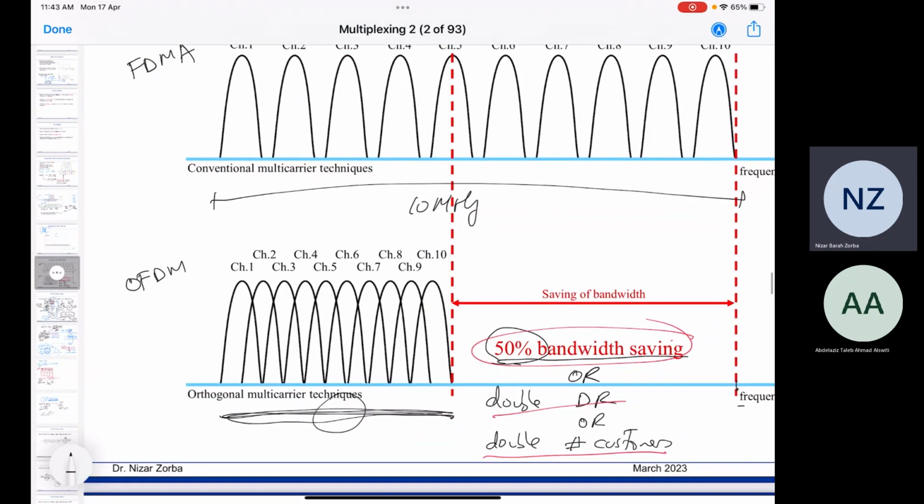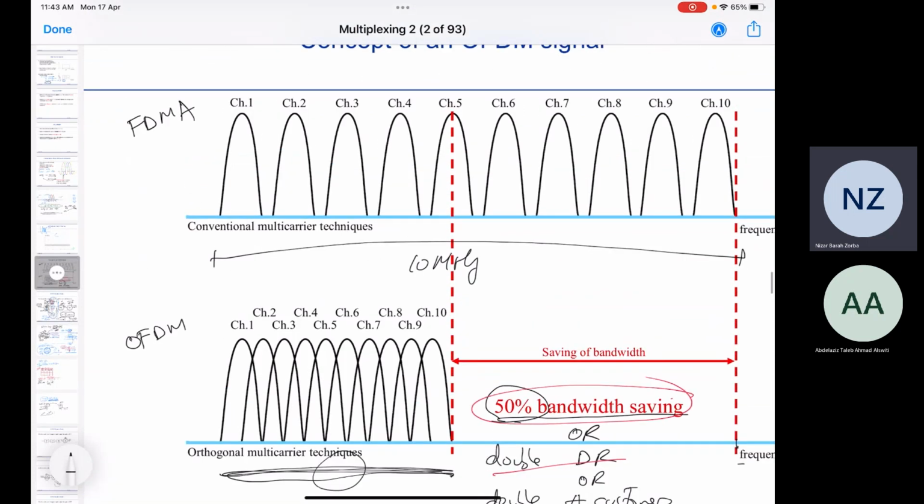Today in the review, I commented that if it is a standard FDMA system, this is what you will do. Total band, 10 megahertz. Each one of them is how much? 15 kilohertz. You will get the number N. But in OFDM, it is different. In OFDM, the sub-carriers overlap in a smart engineering way. We make them overlap without interfering with each other.